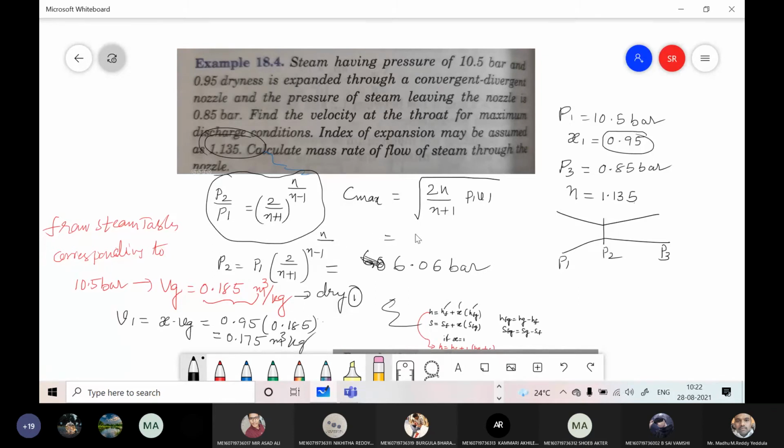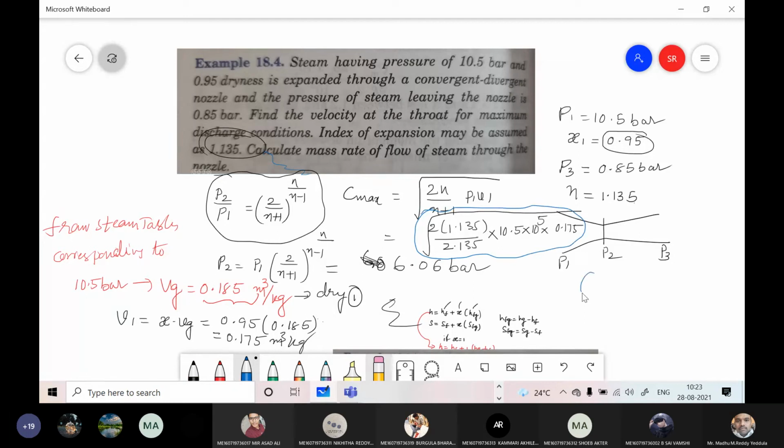Cmax is equal to the square root of 2 into n, 1.135, divided by 2.135, into P1 V1. Here the pressure is in bar. You should convert it into Newton per meter square, the SI unit. 10.5 into 10 power 5 Newton per meter square into our specific volume 0.175. The whole thing is under root. Simplify this value, the rounded one, blue colored one.